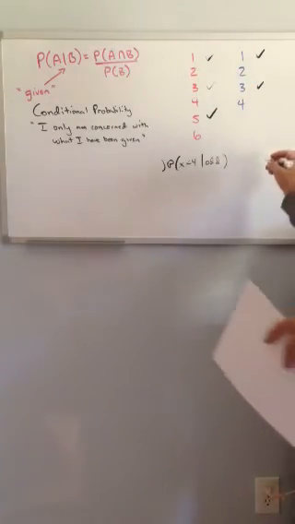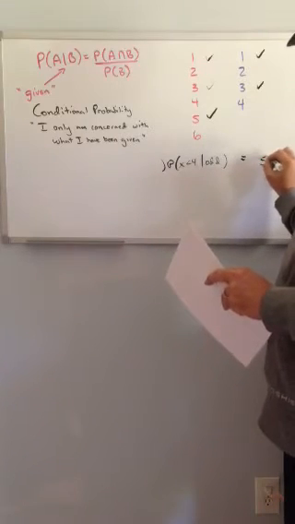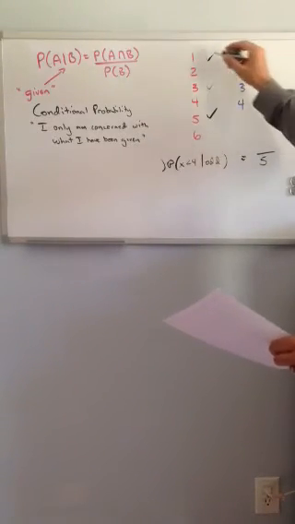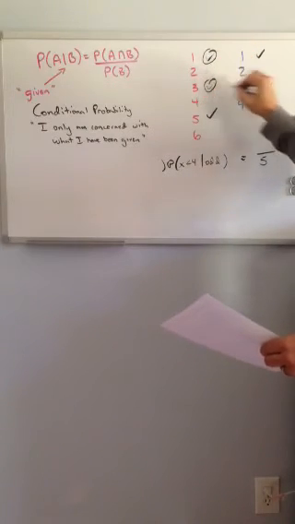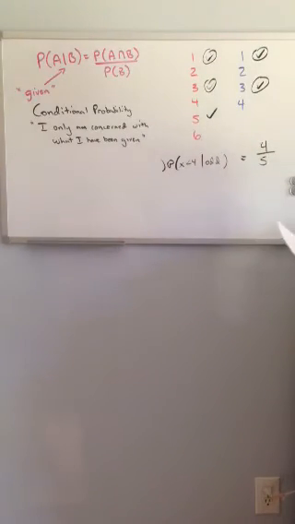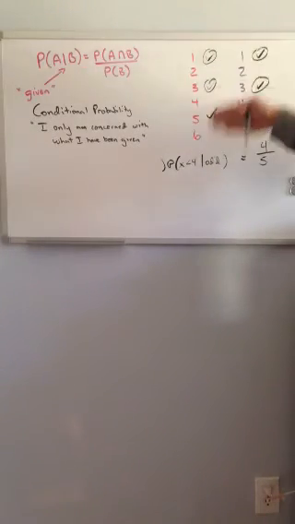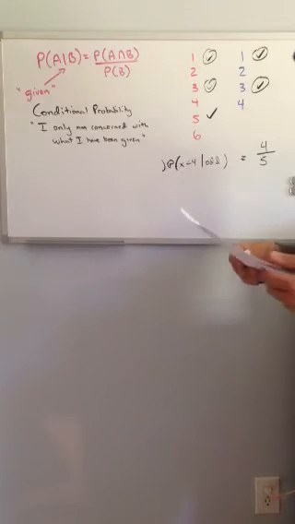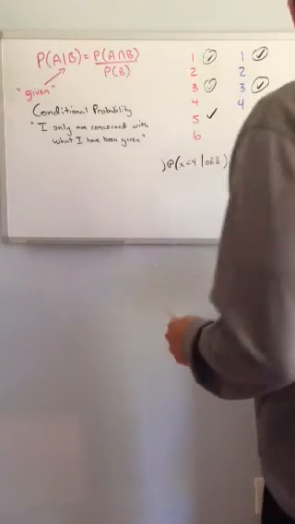I got a total of 5. Of those, how many of them are less than 4? 1, 2, 3, 4. So a lot of times we can go ahead and list these things out and just put check marks next to the ones that meet what we're looking for. So let's look at the third one.